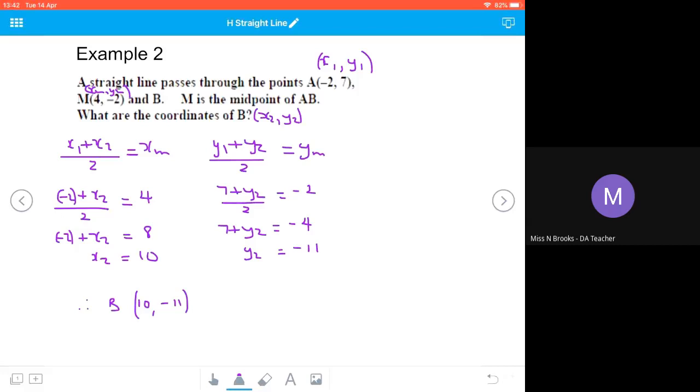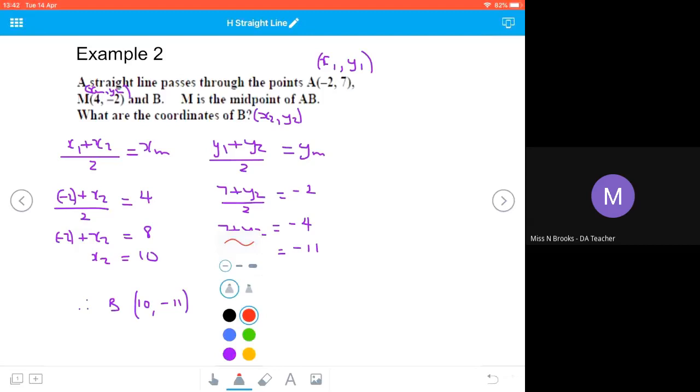Now I said we could do it graphically as well. So let's draw ourselves a sketch, and then we're going to use the process of working out how we get from x of A to the x coordinate of M, and then we're going to repeat that same step to get to the x coordinate of B, because if M is the midpoint, then you have to be doing the same journey twice to get to B. So let's get a different color.